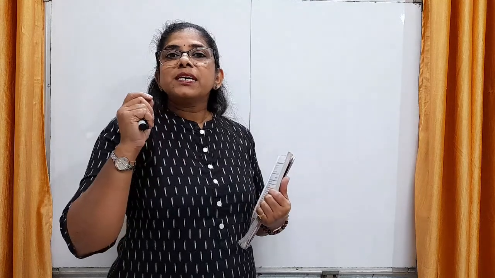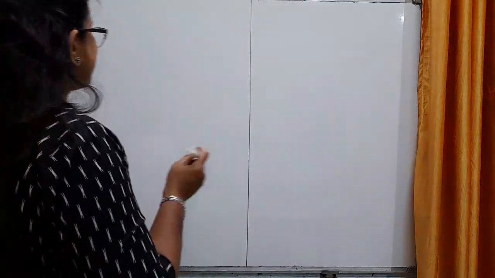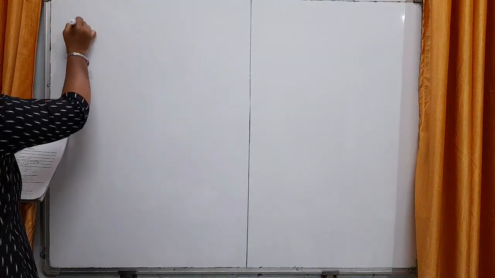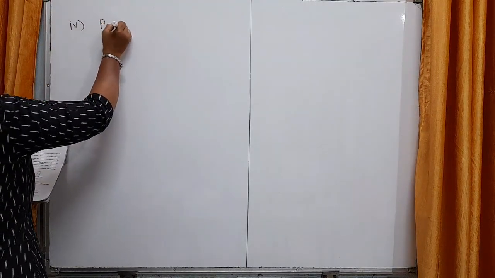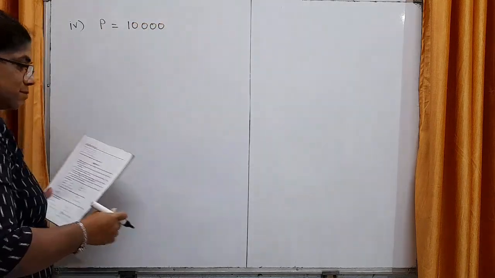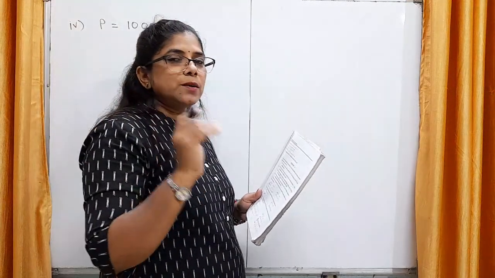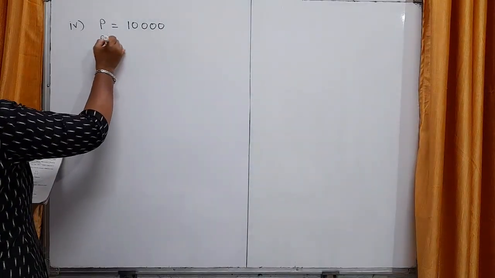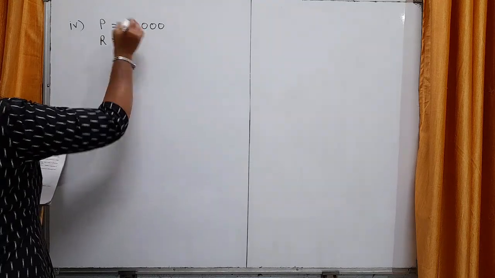Initially, the person is depositing rupees 10,000 and the interest calculated here is compound interest and not the simple interest. Fourth sum, P is 10,000. This is our first term. Okay, 10,000 initially it is deposited and rate of interest is 8%.